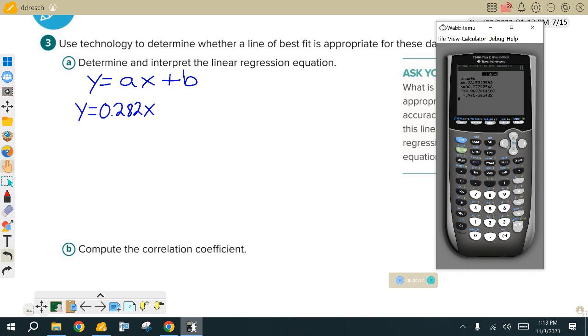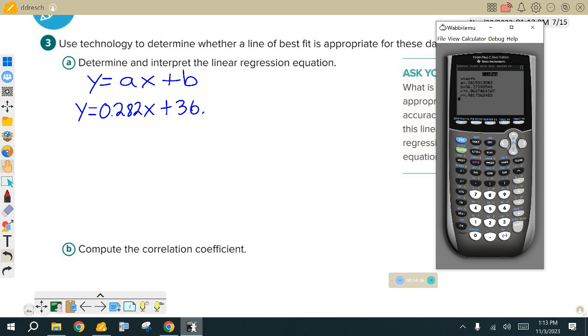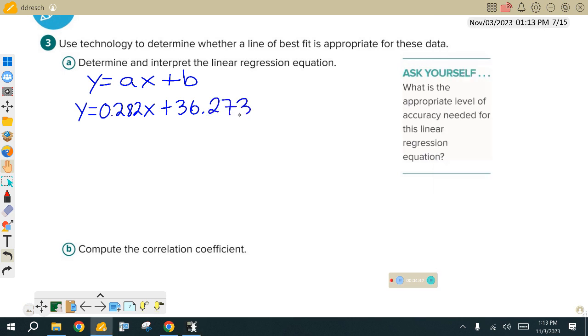And what is the y-intercept? The B. That is the B, the y-intercept. 36 point what? 273. 273.